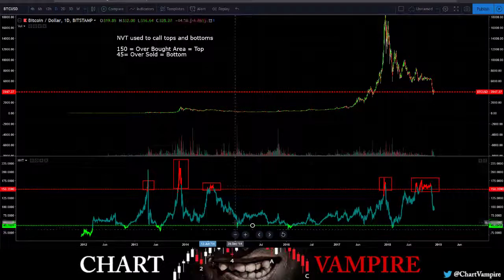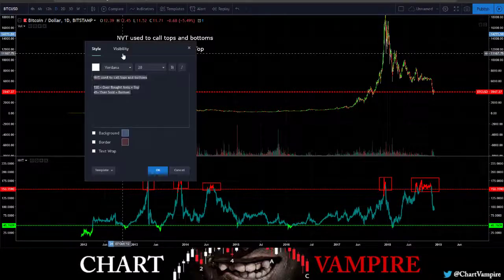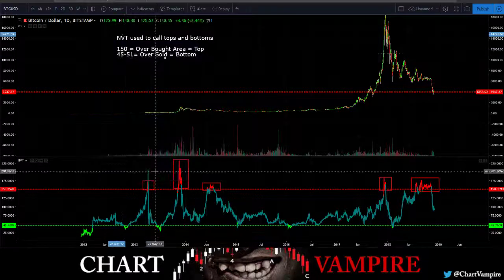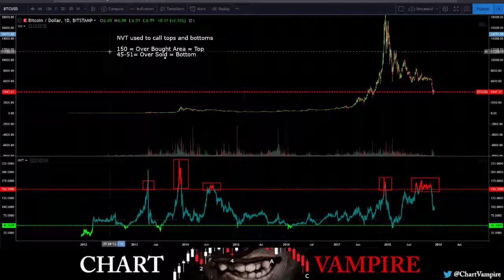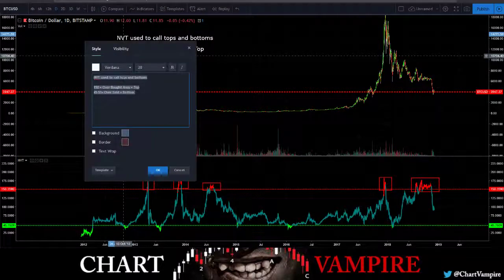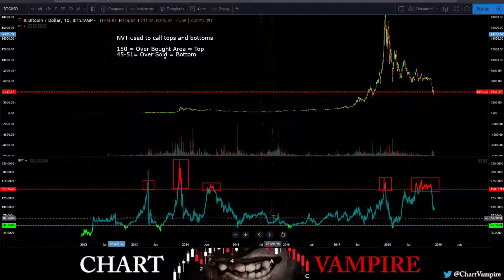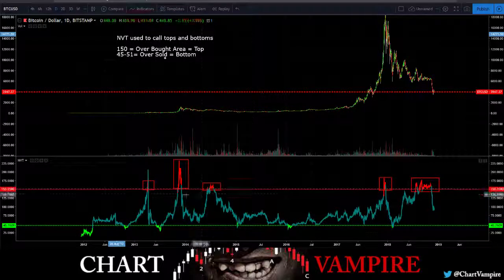Now I also like to go from 45 to 48 to 51 even, so I don't mind 45 to 51. You can find some bottoms in that 40 to 51 range, and we'll zoom in and I'll show you.